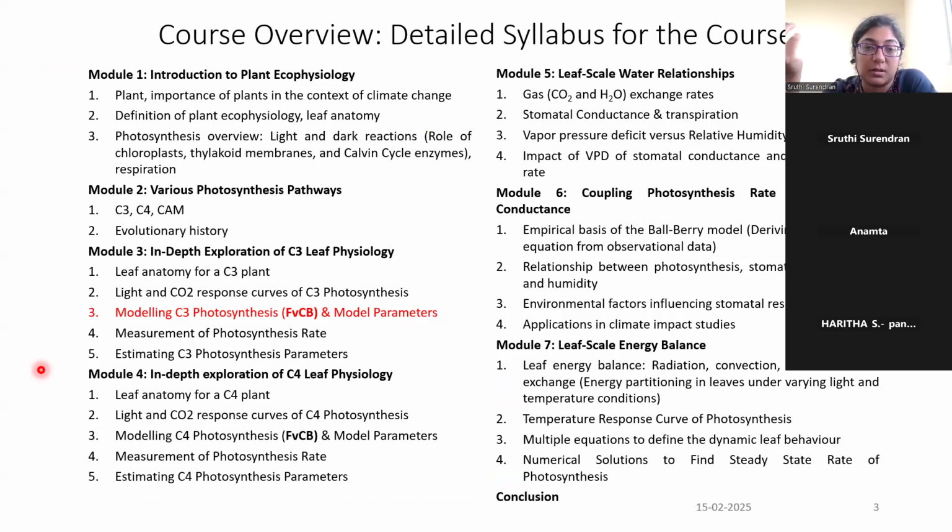Then we talked about the ACI curve, AQ curve, AT curve, brushed up through those basics, and also introduced ourselves to this model called the Farquhar-von Caemmerer-Berry model, or in short form, the FVCB model. So today we'll go more deeply into these FVCB models.